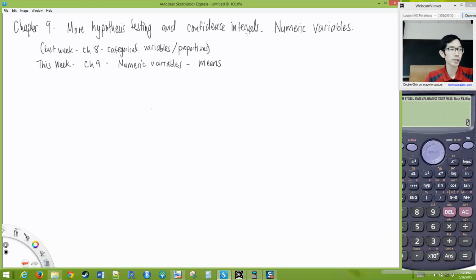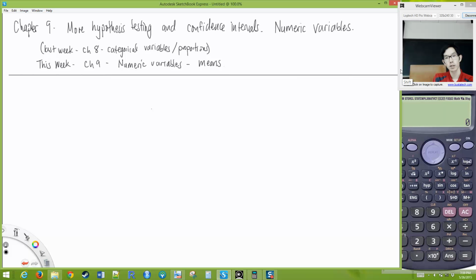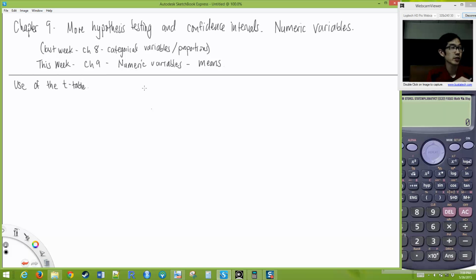Okay, before we get into the nitty-gritty of hypothesis testing, I want to make sure we can use the t-table, okay? We are going to use the t-table for two types of problems, okay? So pull out your reference tables, and the last sheet is Table 4, okay? And it says T distribution critical values.